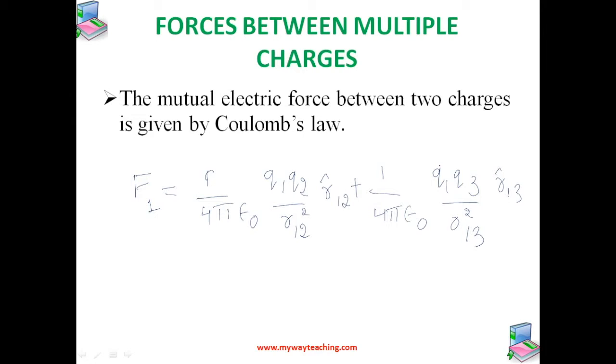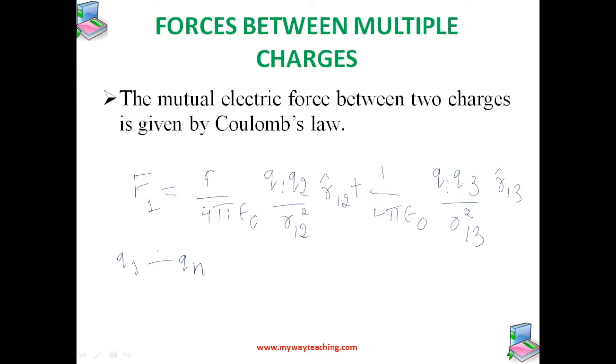See, the principle of superposition says that in a system of charges, from Q1 to Qn, you can take the force on Q1 due to Q2 as the same as given by Coulomb's law. It is unaffected by the other charges present in the system, as we saw in this particular case of three charges.